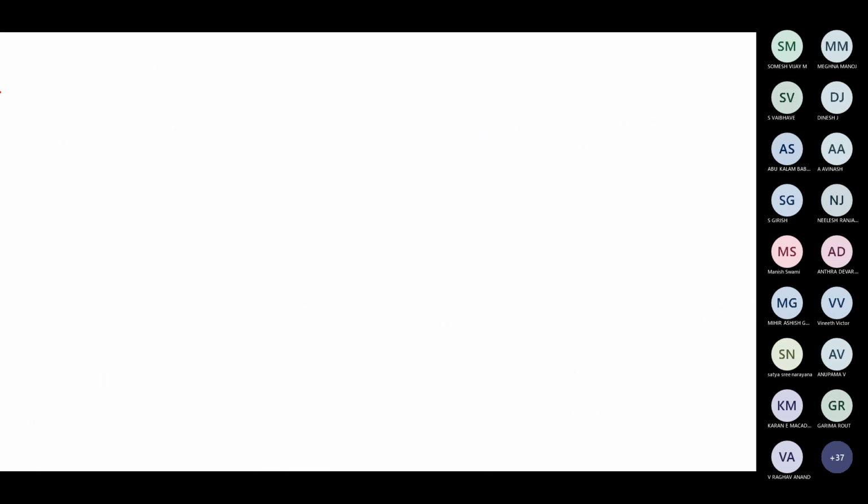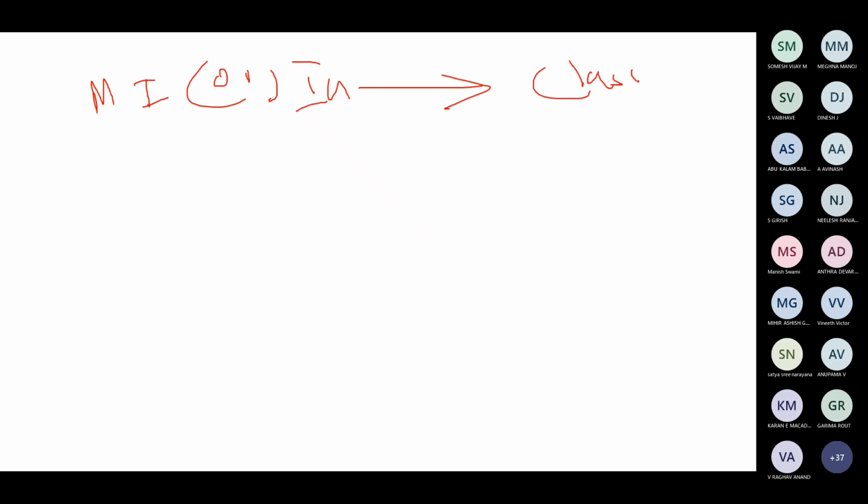The third one, students, is with respect to mutual information, or information gain, based for classification problems.